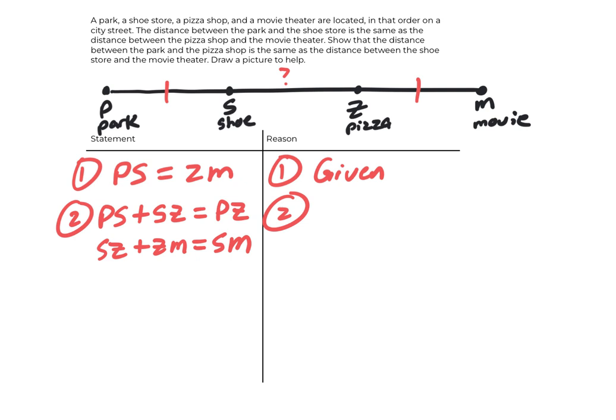Now, as we look at this, what did we do here? We're adding, and what are we adding? Distance, yeah. And what would I call PS? What kind of geometric symbol is PS?